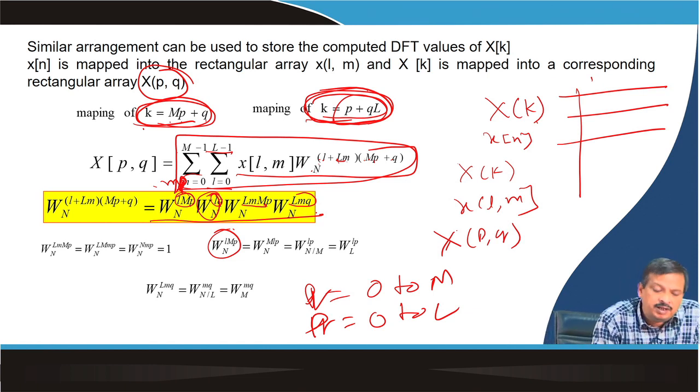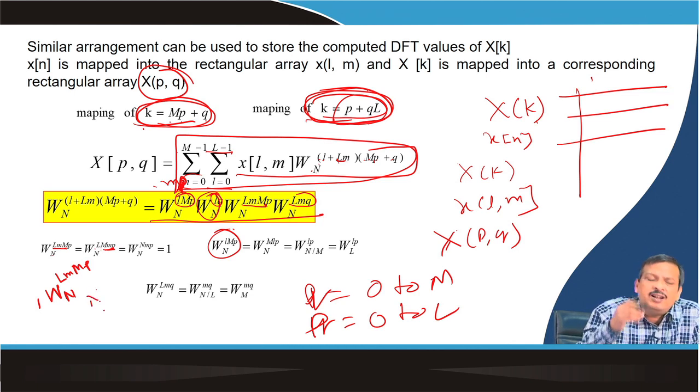Now say Wn to the power lmp. So Wn to the power lm, small m, capital MP is nothing but Lm Mp. So what is Lm? Lm is nothing but n.